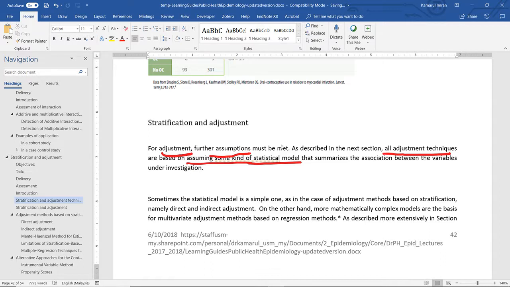A statistical model can be a simple one, for example, direct and indirect, or a more mathematically complex model for multivariate adjustment, for example, in regression methods.